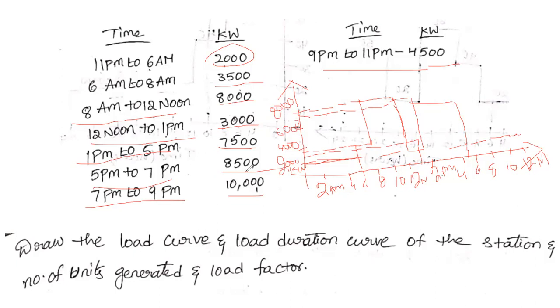Next, 5 p.m. to 7 p.m., we obtain 8500. This is the 5, this is the 7, and this point is 8500.